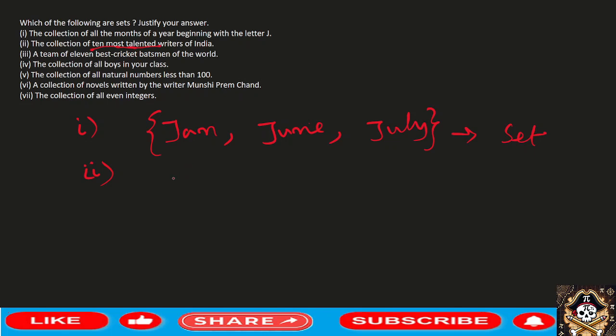Some writer may be talented in writing poem, some writer may be talented in writing prose, so you cannot decide that. So this is not a well defined collection. Well defined collection, not well defined. So this is not a set.